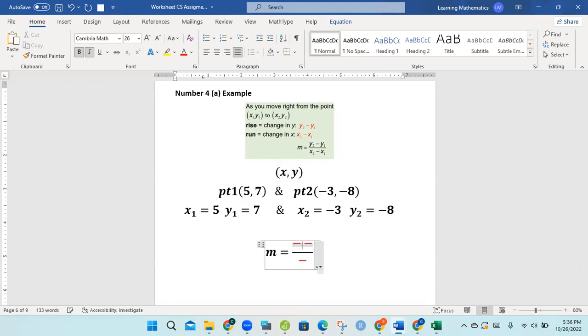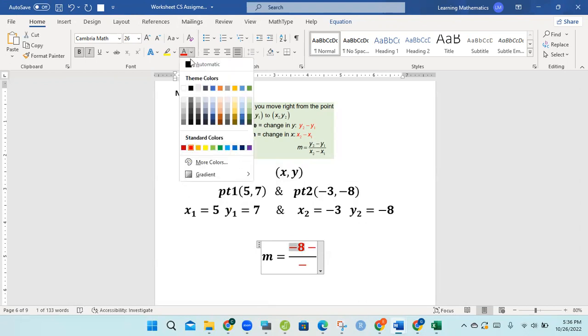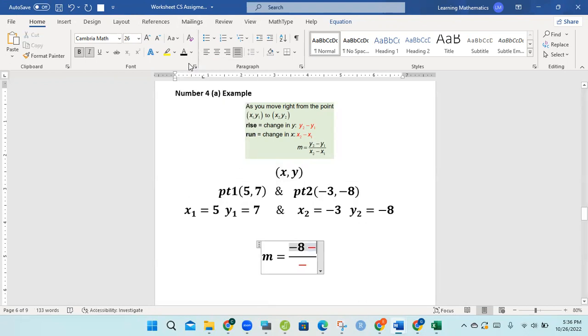A negative, that's y2, minus y1, which is a 7. And x2 now, which is -3, minus x1, which is 5. A negative and a negative is a negative.